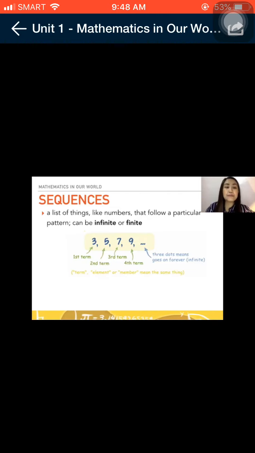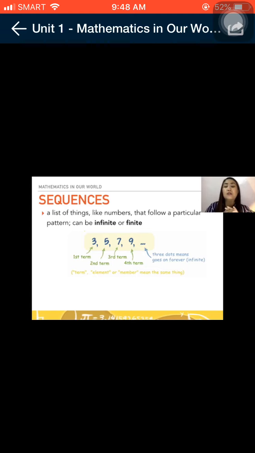Let's look at this sample sequence. You can see this is a list of numbers. 3, 5, 7, 9. And then you can see a... We call that an ellipsis. 3 dots mean that the sequence goes on forever, or if it's infinite.